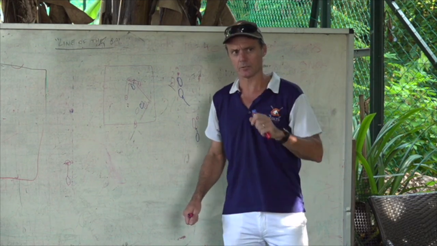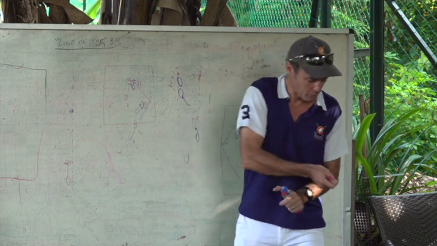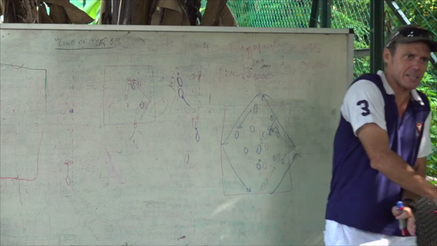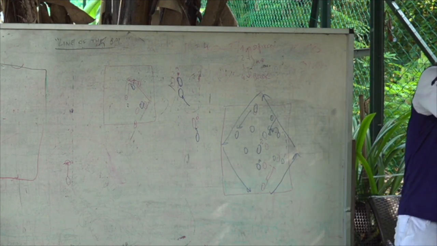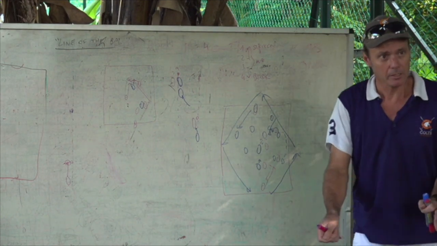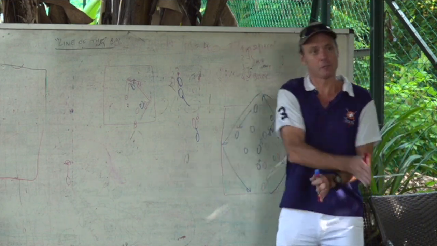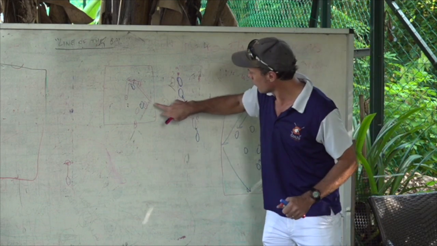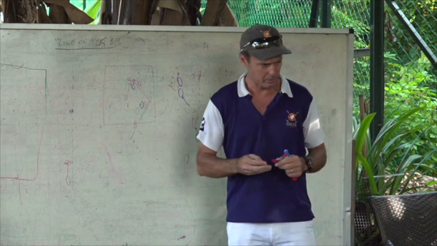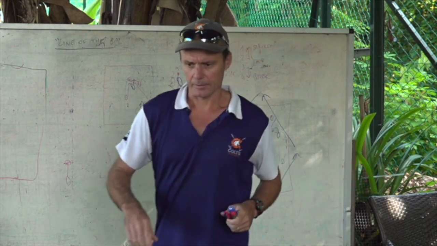Actually, you did a foul like this today, where you were about to hook, and then your horse suddenly stepped on the line. If the player would have hit the ball, he would have hit the horse's legs. It is a foul if you are actually crossing the line. But in the case of the backhander, what happens?